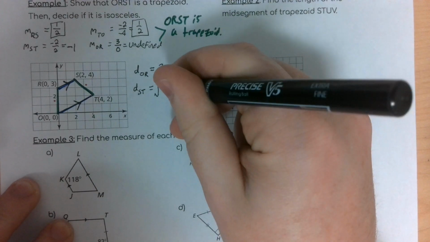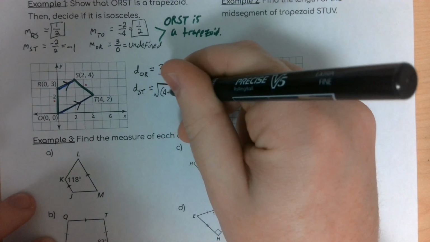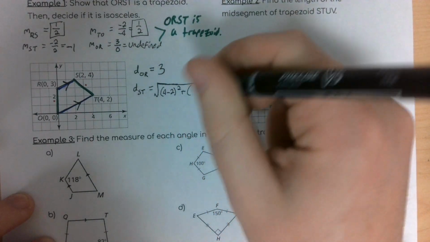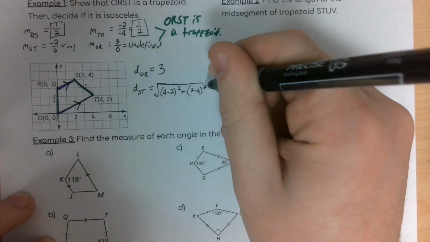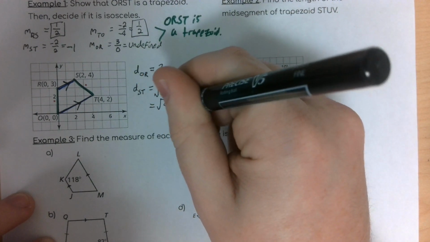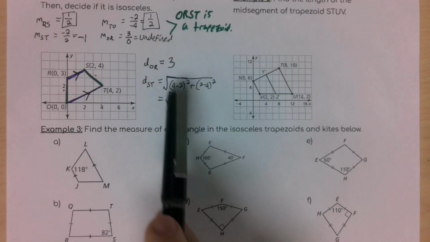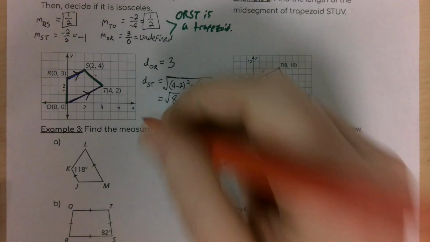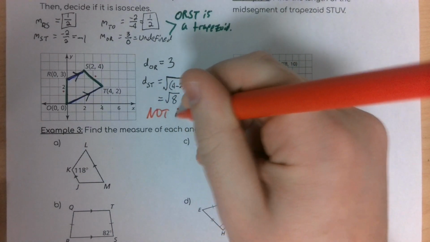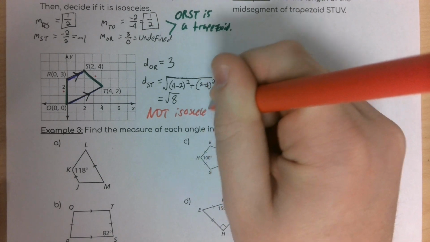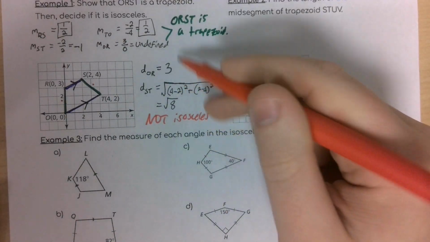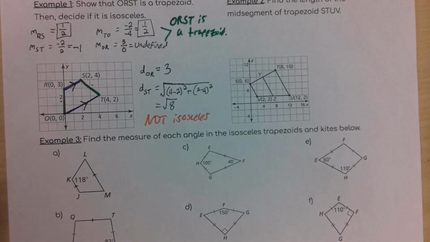So, we can subtract the two x values, square it, subtract the two y values, square it, and we get the square root of 8 when all is said and done. If these two are not the same, we can say not isosceles. If these distances were the same, it would be. Cool.